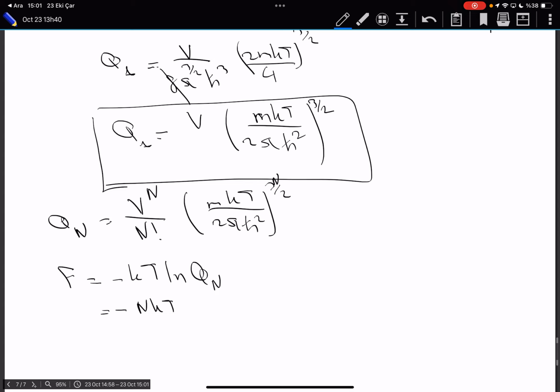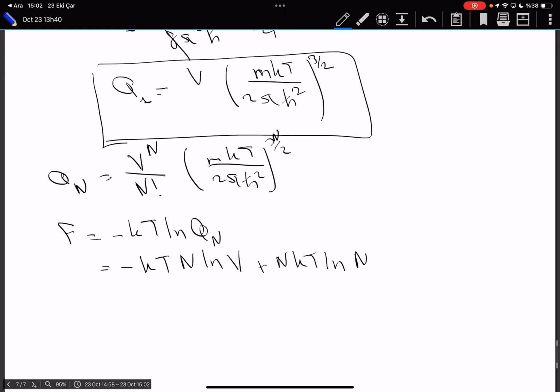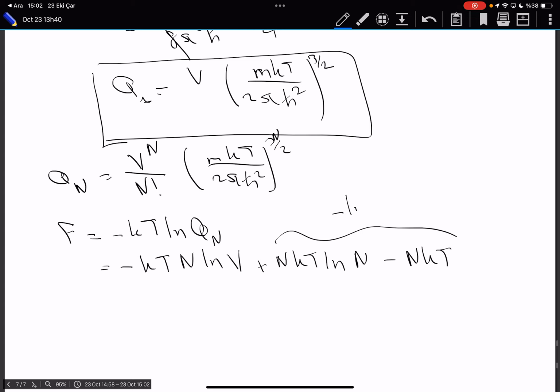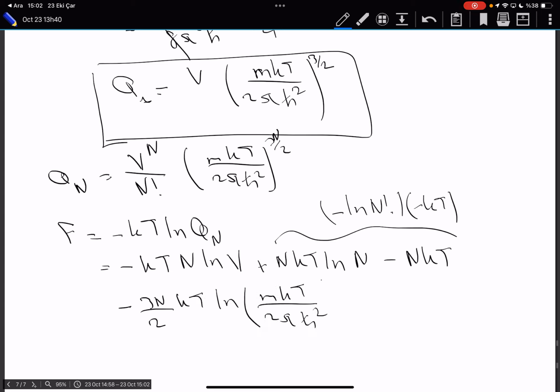Yeah, sorry, there's a 3n over here also. Minus kT n logarithm of V plus nkT logarithm of n, minus nkT. This is just a minus logarithm of n factorial times minus kT. Minus 3n over 2 kT logarithm of mkT over 2 pi h bar squared.